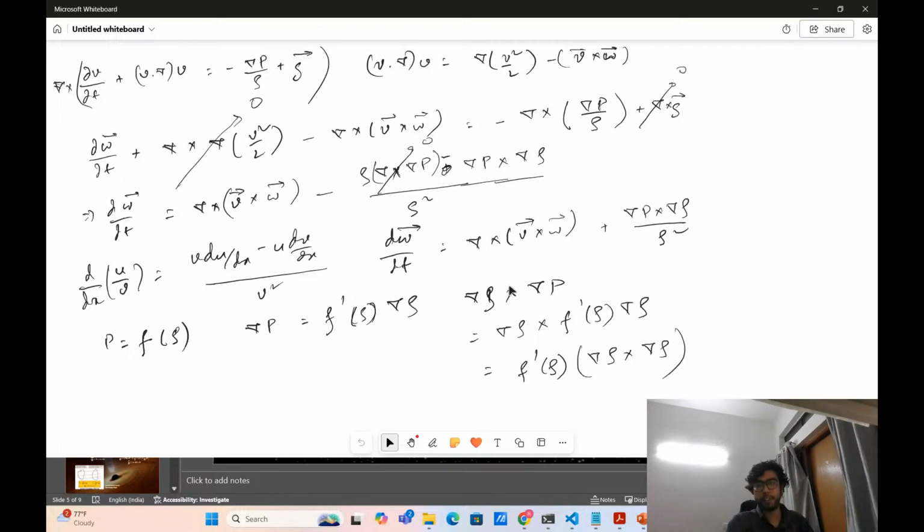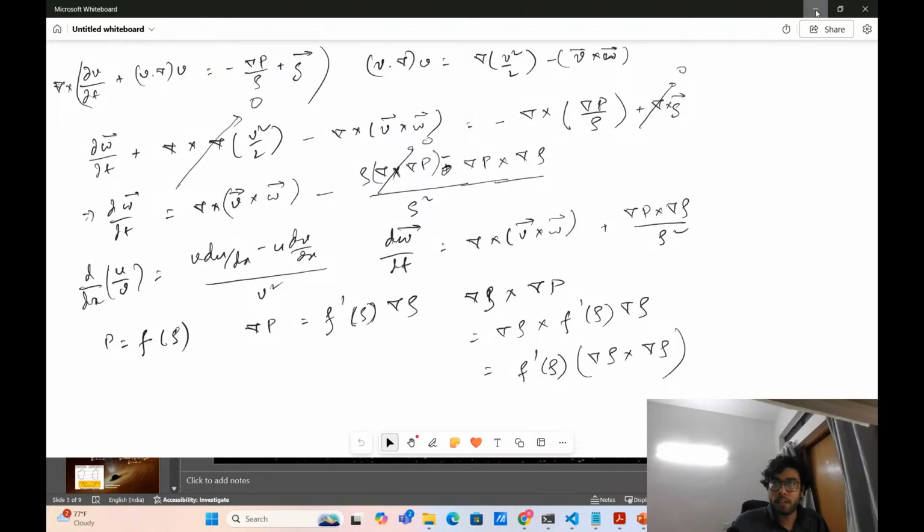Now, what is del rho cross del rho? So del rho is basically a vector, right? And any vector cross the same vector is basically zero because the angle between them is zero and sine zero is zero. So A cross A is A square sine theta, the angle between them. In this case, theta would be zero. So sine zero is zero and this term will become zero.